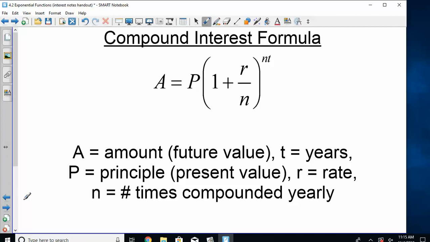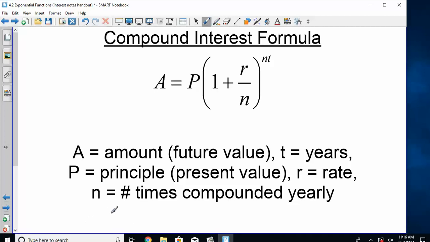A is your final amount. Sometimes that is called the future value. Your P is your principal or your beginning amount. Sometimes that is referred to as present value. R is your interest rate in decimal form.